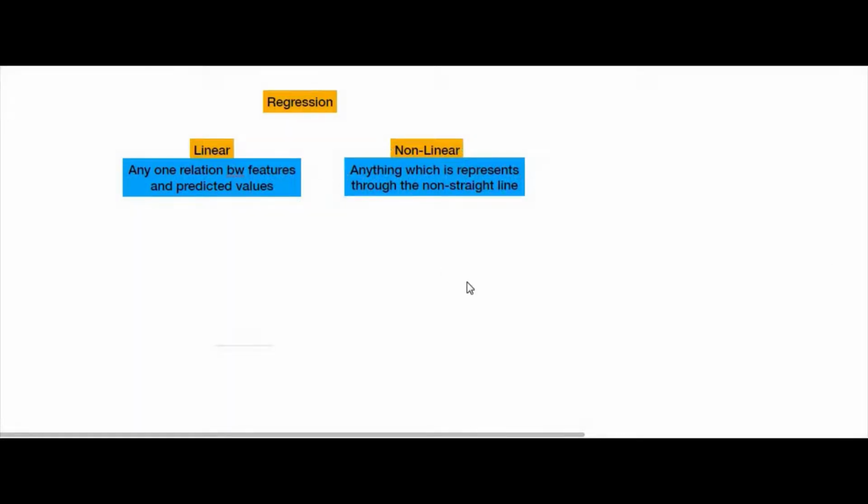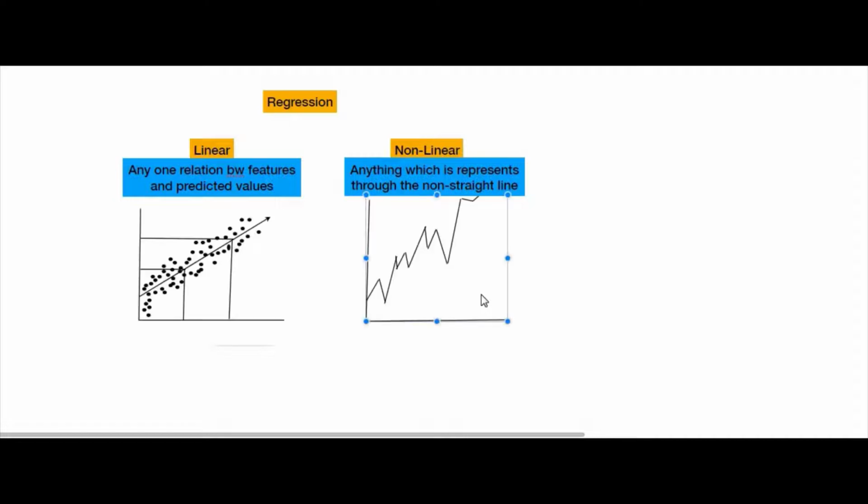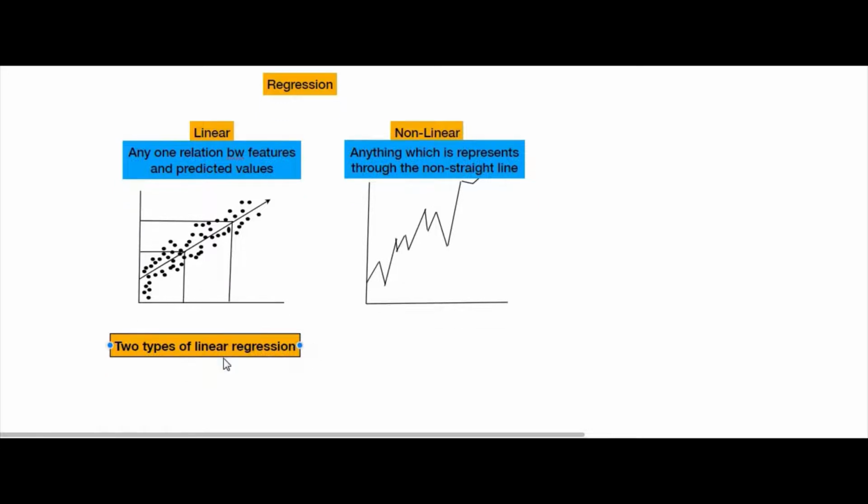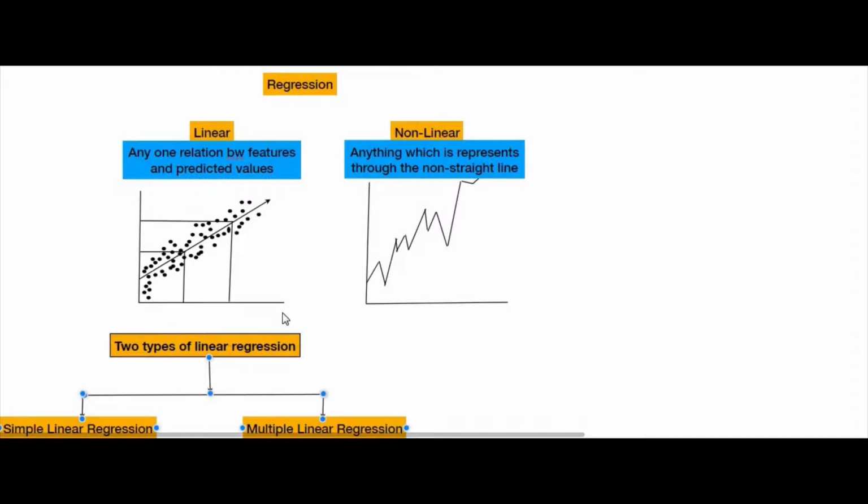Now we will move to the chart of linear regression. In linear regression, you can see these are the data points, and this is the non-linear chart. Now we have two types of linear regression. First is simple linear regression, which I told you about previously, and next is multiple linear regression.